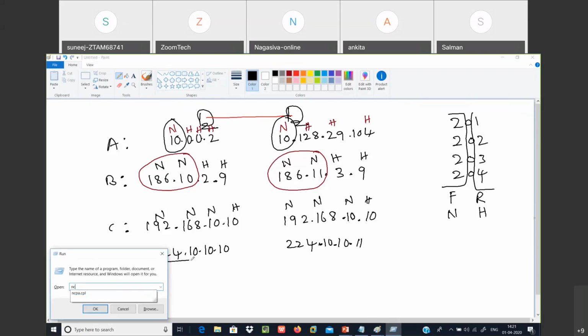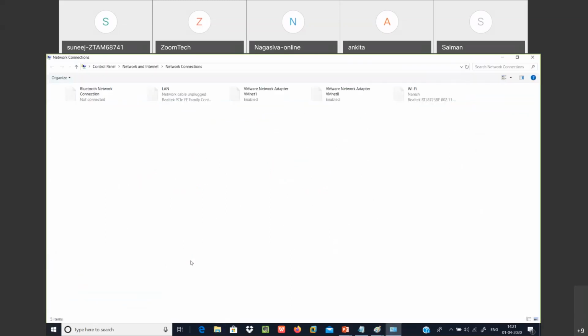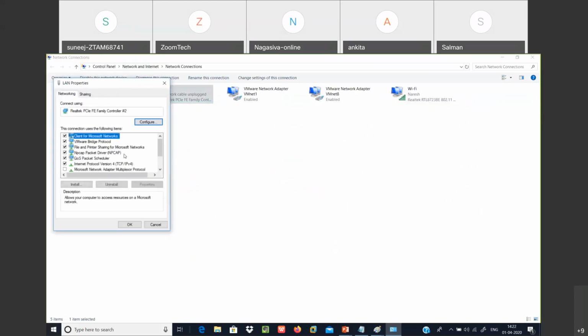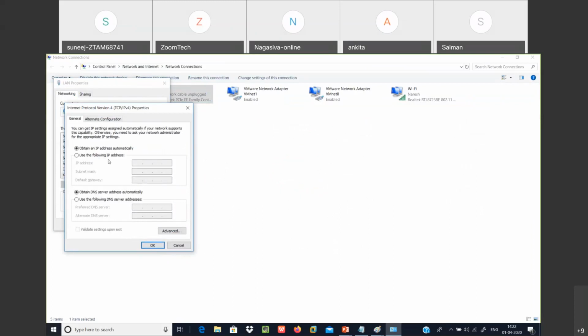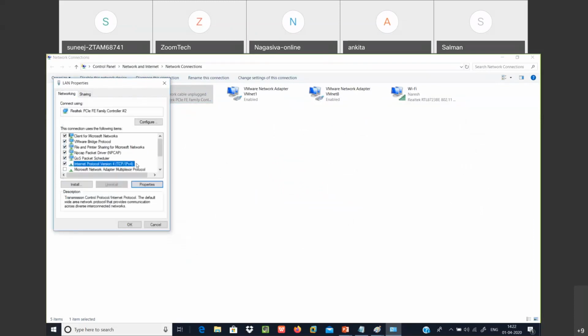Let me show you a small practical. Let me try to assign 224 to my computer. Right click on LAN, properties, IPv4 properties. Now if I'm using 224, what's the error? The error says 224 is not a valid entry, please specify a value between 1 and 223, because only up to class C, which is 223, we can use, right?